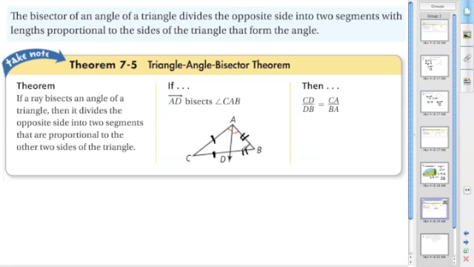Not saying that they're congruent, I'm just indicating which ones you're comparing to. So CD, DB, CA, BA. Which is the same as BA over DB, CA over CD. Again, same thing.